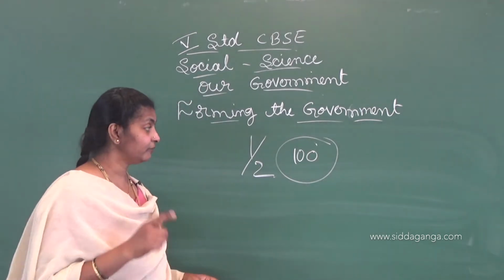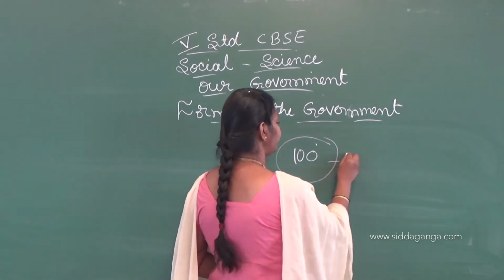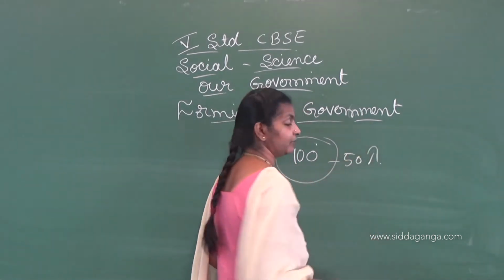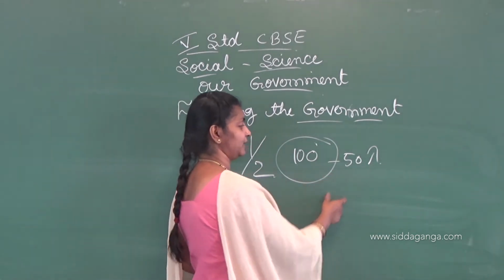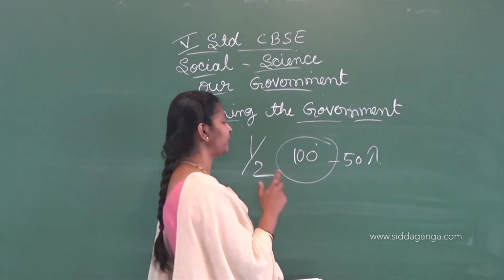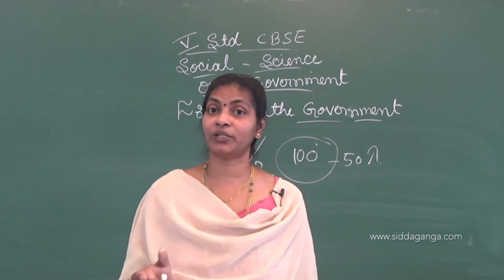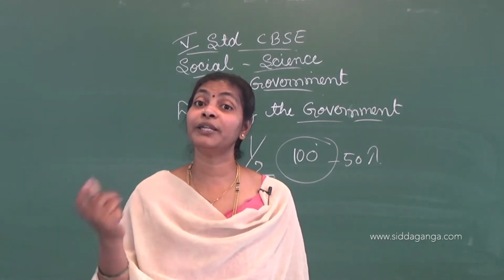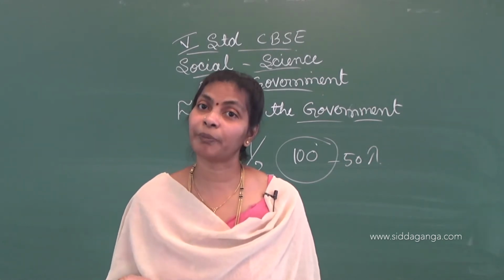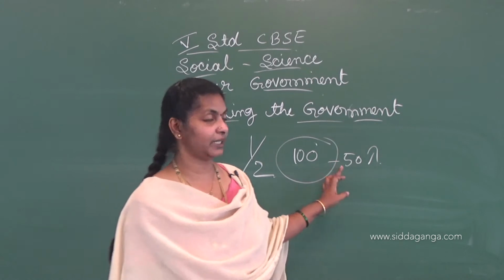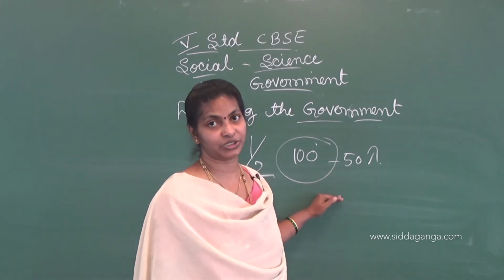In the election, the party which gets 50 or more than 50 seats is declared the winner party, also called the majority party. The leader of this party becomes the Prime Minister.